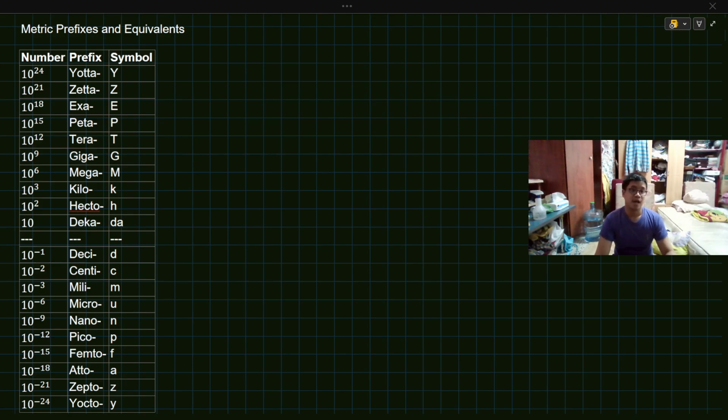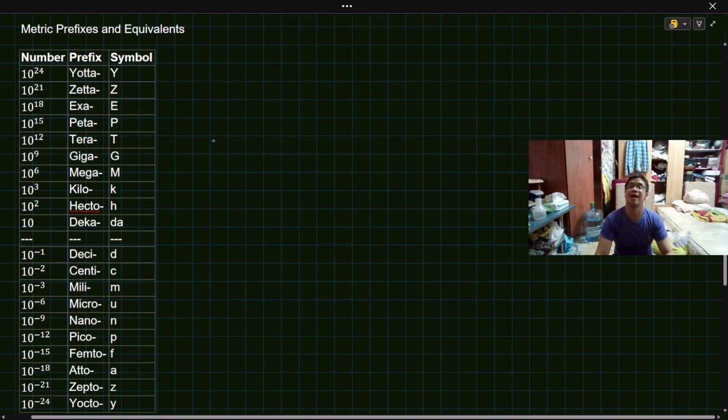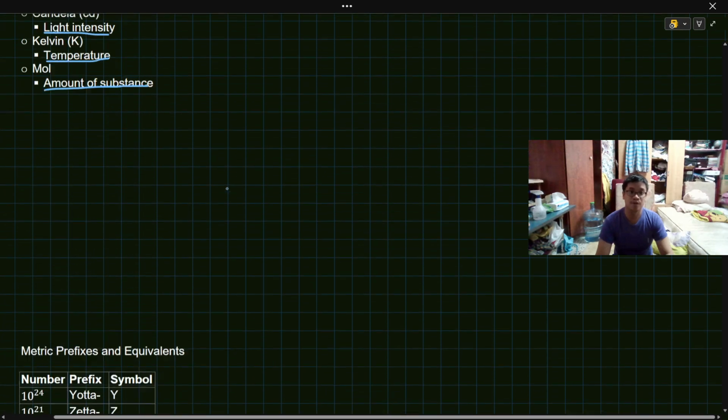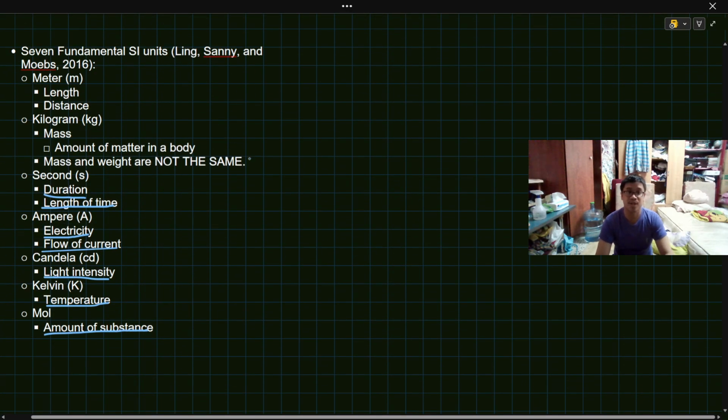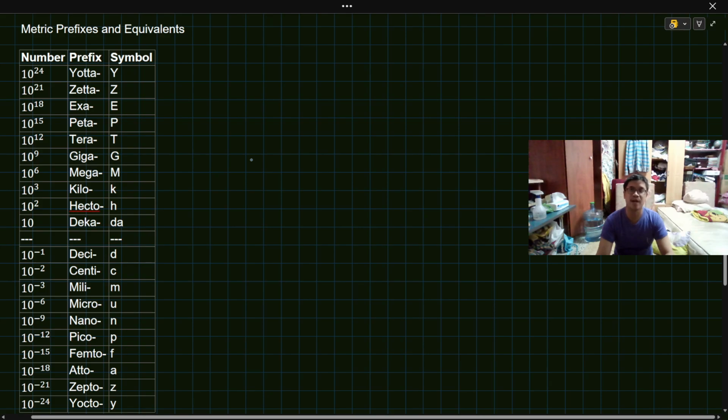And for SI units, yes, we're going to focus on the seven basic SI units like, again, meter, kilogram, and so on and so forth. But maybe in future videos we're not only going to focus on those seven basic units. Maybe I might use newtons, like this one, or maybe coulombs like this, and so on and so forth. We will learn about those in the future.